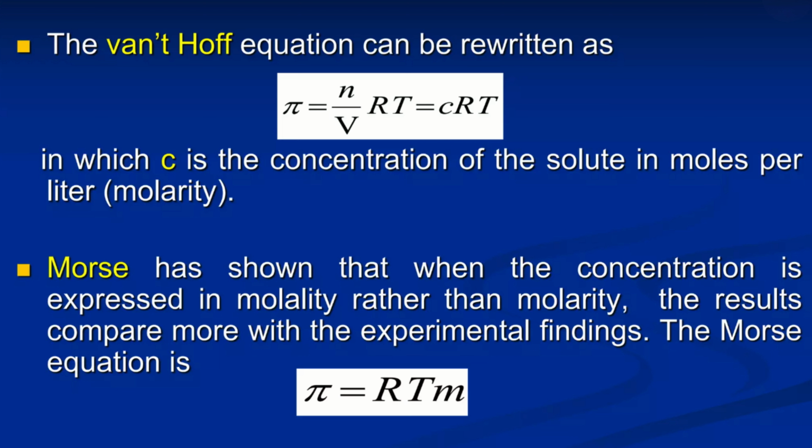Building upon this, Morse introduced a modified expression based on molality, improving applicability to slightly more concentrated solutions. Despite their foundational importance, both equations assume ideality and neglect intermolecular interactions, leading to deviations even at relatively low concentrations for macromolecular or strongly interacting solutes such as proteins and polymers.